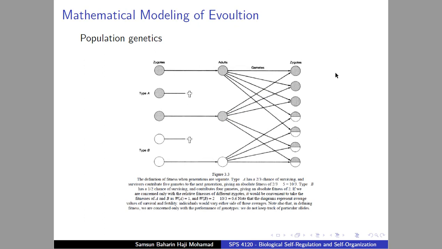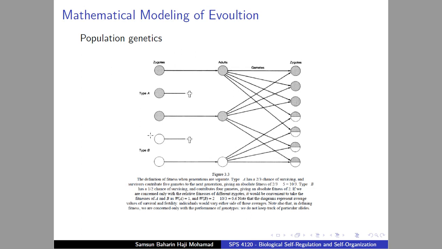So the last slide. We can do mathematical modeling of evolution using mathematics and physics. In this case you can see here the population genetics equation.